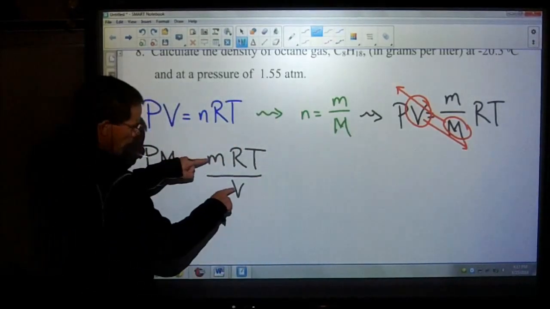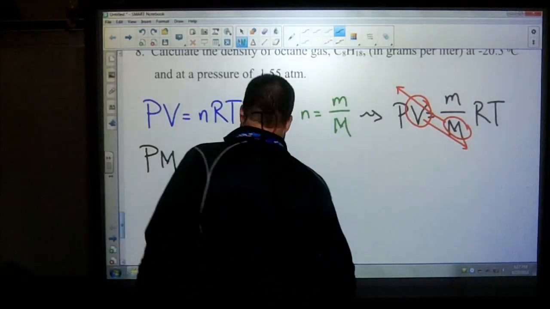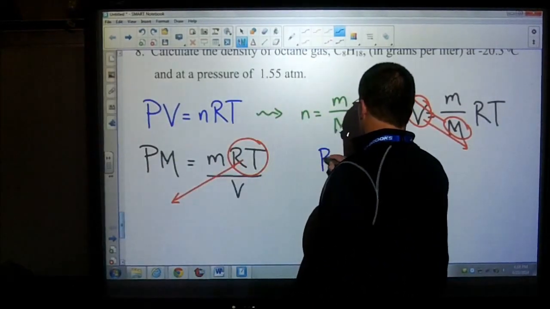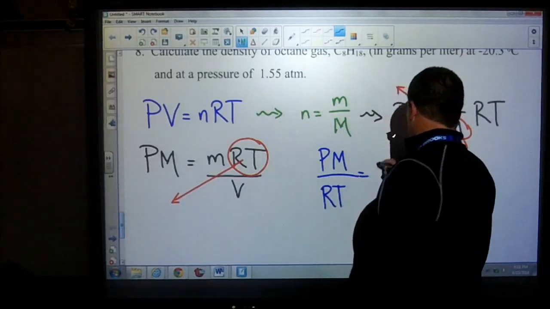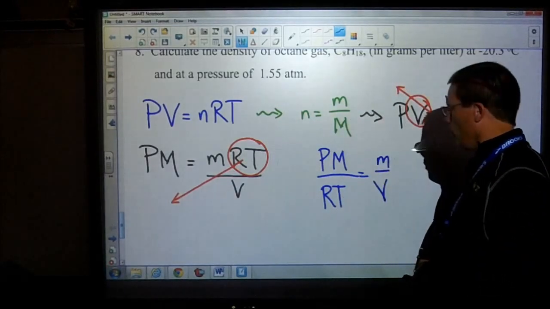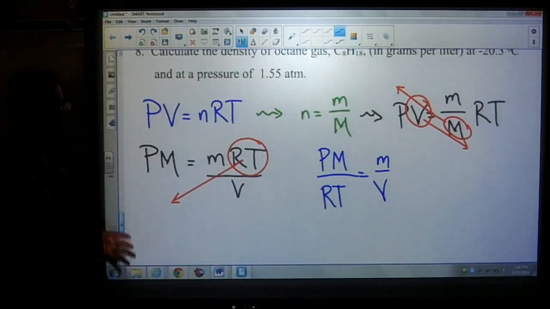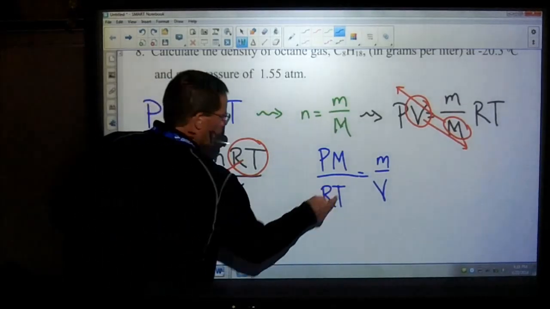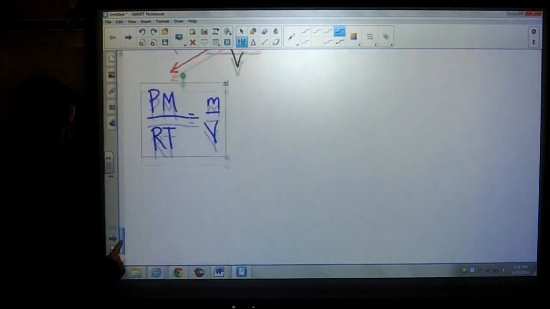Now, we have our mass and our volume, but we need to divide on both sides by RT. So the equation now looks like this, where we have PM over RT is equal to the mass divided by the volume. So that's how we need to get our equation rearranged before we do any insertion or substitution of any values. So let's go ahead and move this guy over. We can work with that.